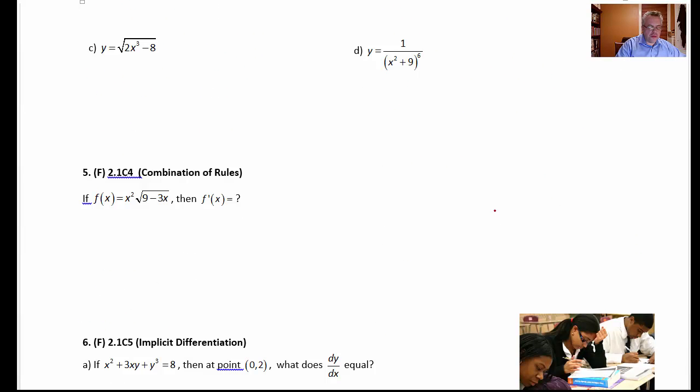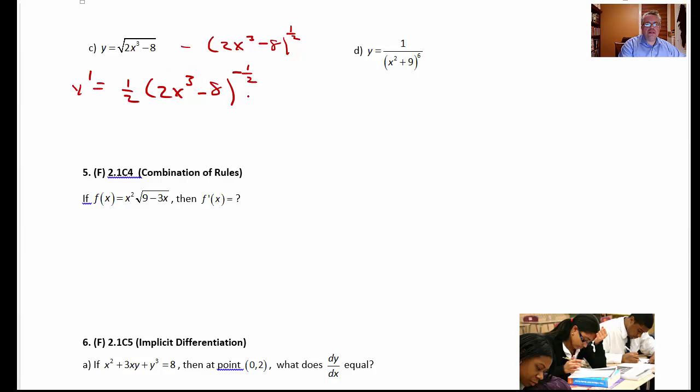These also involve the general power rule. We have to view this as 2 times (x to the 3rd minus 8) to the 1/2 power. Then we do 1/2, so y prime equals 1/2 the quantity inside the function to the 1 less power, times the derivative of what's inside.